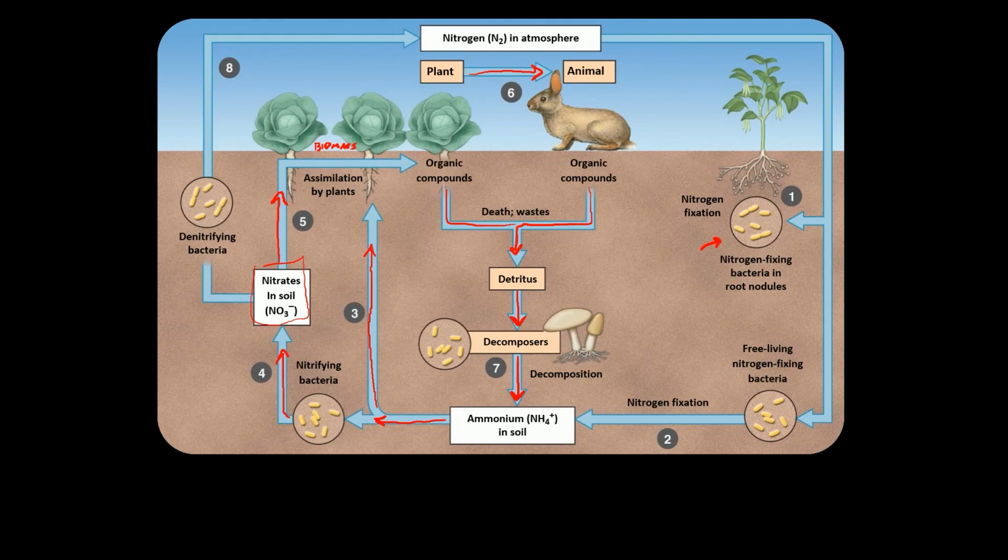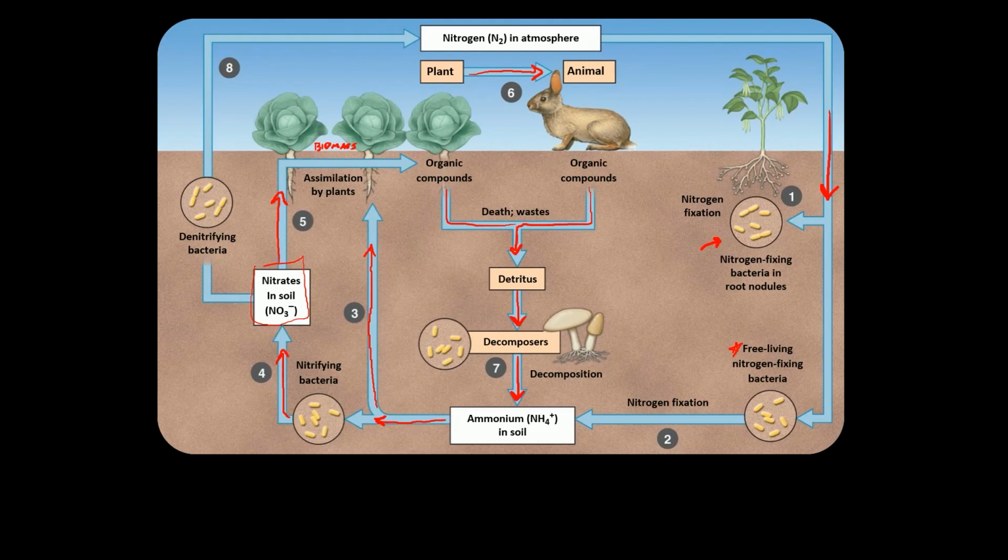So let me make sure I'm going through this step by step here. Step number 1, it shows the nitrogen being pulled out of the atmosphere by the nitrogen-fixing bacteria, making it available to plants, right? Now, it also indicates that there are some free-living nitrogen-fixing bacteria. Not all of them live in the nodules around roots. Some of them just kind of live freely in the soil.